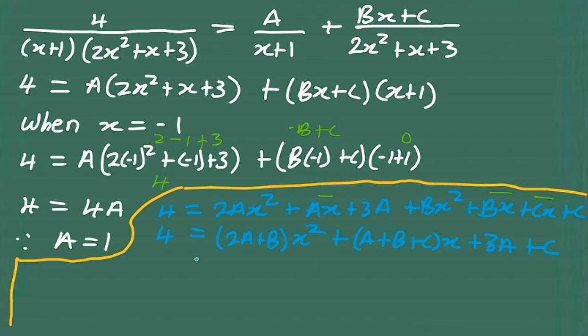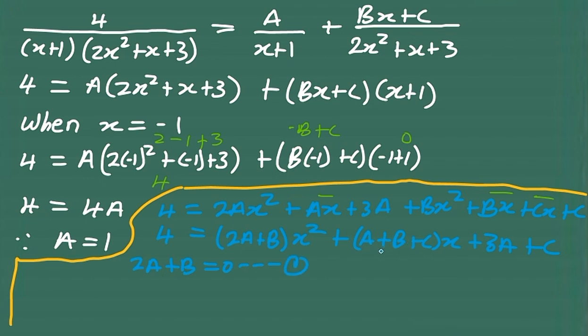Okay, so first we are going to equate this to their corresponding coefficients. So at the left hand side here, the value of x squared is 0. So it means that 2a plus b is equal to 0. Let's call this expression equation 1.